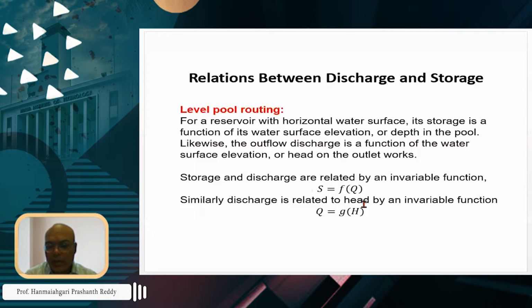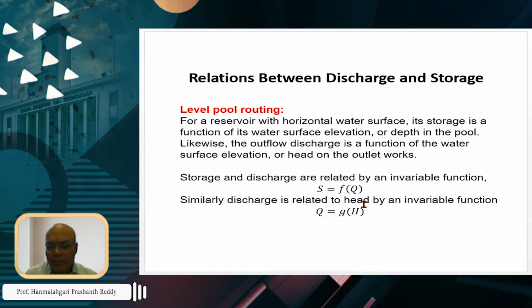S is a function of outflow discharge, that is Q, and this relation is an invariable relationship. That means for a given outflow discharge, there is only one storage. I mean the relationship is fixed. This is called an invariable function.